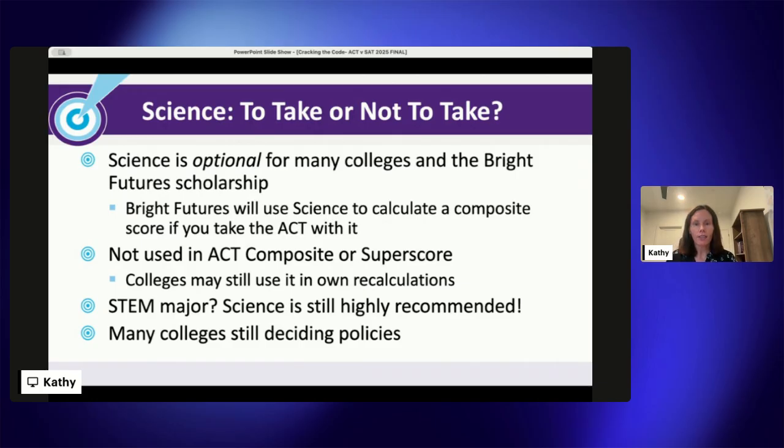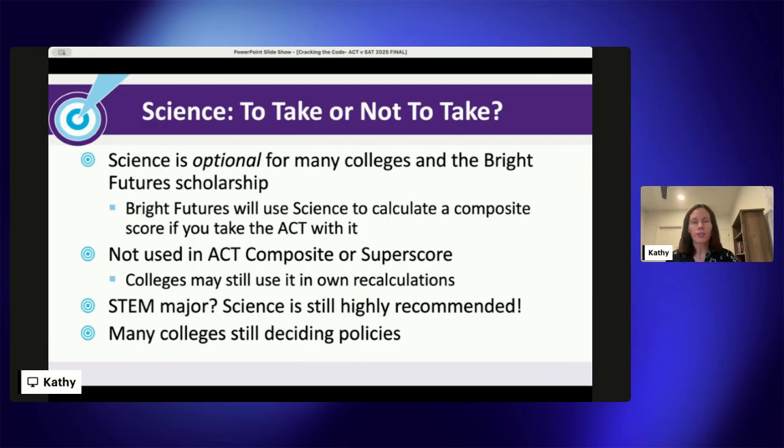Science for many colleges is optional or not required, but certainly you can still take the science test and share those results. They will appear on your score report, and you will get the option to self-report them on the application or on the college's own portal.